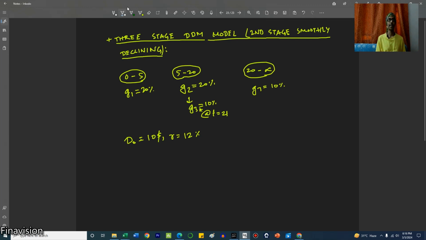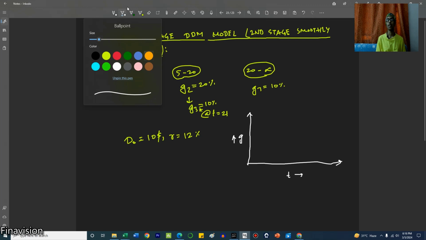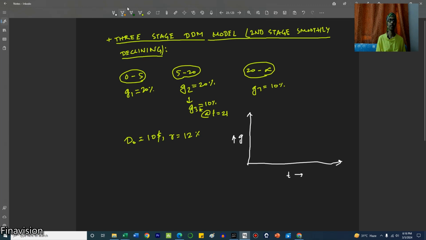To make the thing a little easier, let us draw a chart. Here it is the time, here it is the growth rate. Let's look at how the growth rate evolves. So initially the growth rate is like this, 20%, right?